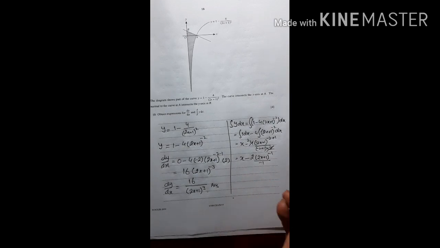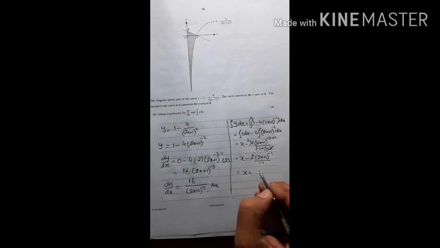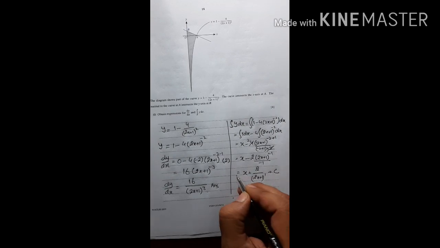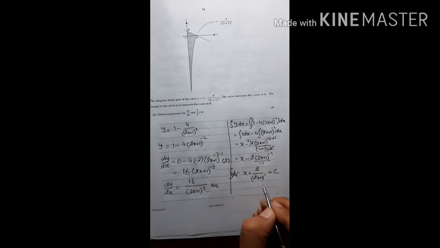So this minus will make this minus plus. It becomes x plus 2 over, I will take this 2x plus 1 in the denominator, 2x plus 1, plus c. This is the y dx. So this is second answer.